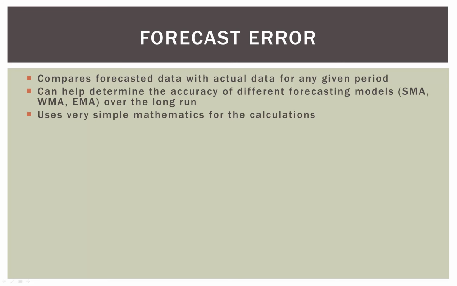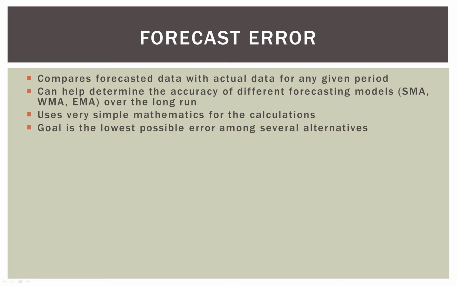Luckily, using these techniques only requires very simple mathematics to do the calculations. Nothing beyond the 4 basic operations of adding, subtracting, dividing, and multiplying. Our goal is to find the lowest possible error among these several alternatives.